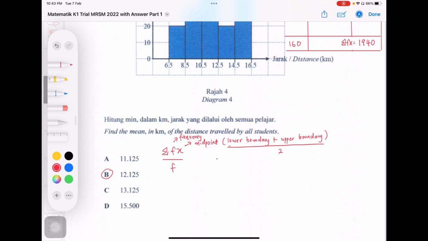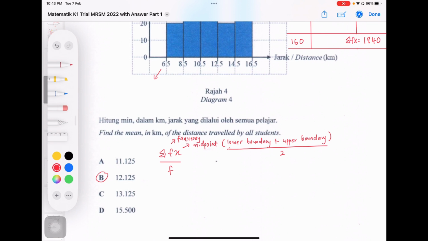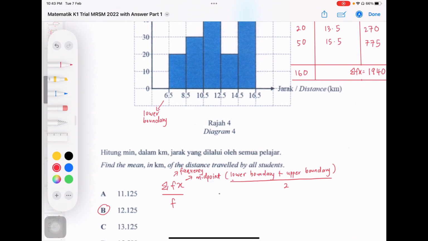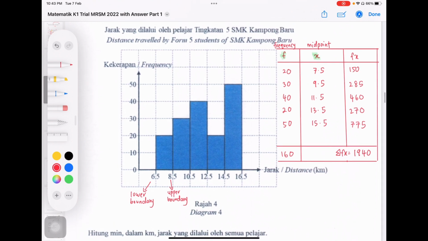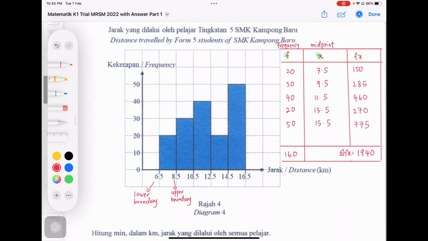And here is the lower bound. This one is the lower boundary, lower for the first data. And this one is the upper boundary. To make it easier for you, you can draw a table like this.